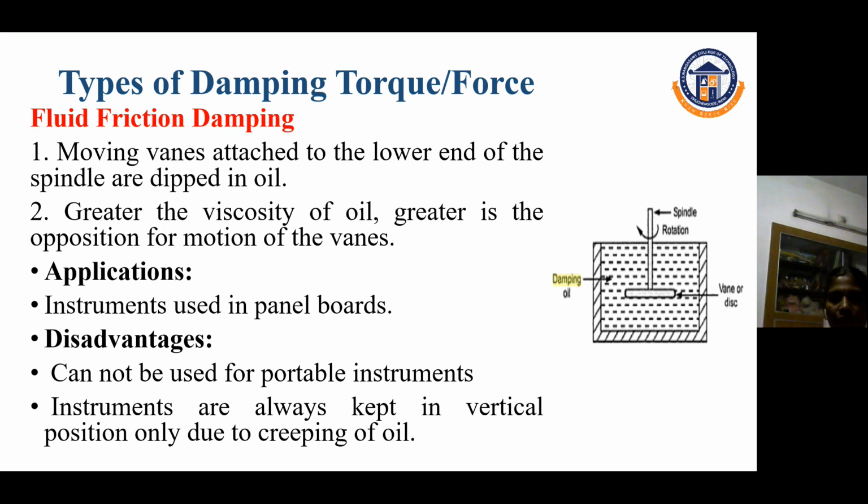It cannot be used for portable instruments, because it is filled with fluid. So whatever is fixed in some panels, there we use this fluid friction damping. It cannot be used for portable instruments, and the instruments must always be kept in a vertical position due to creeping of oil.